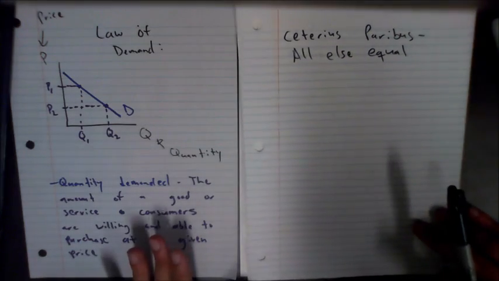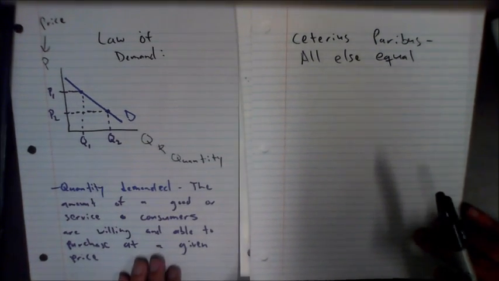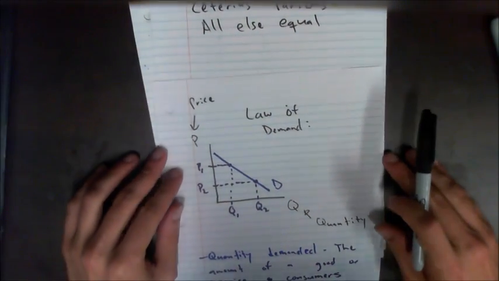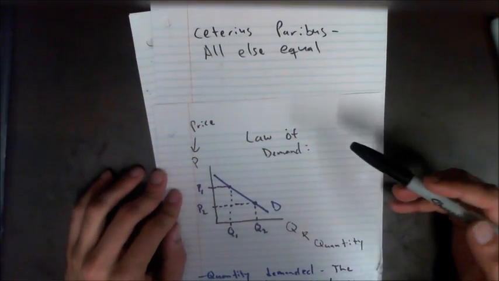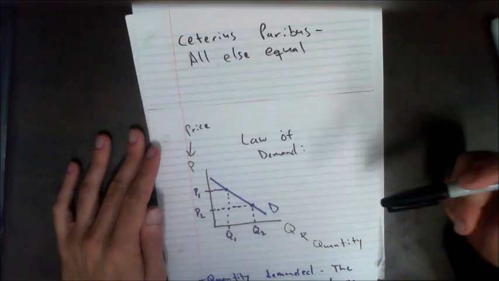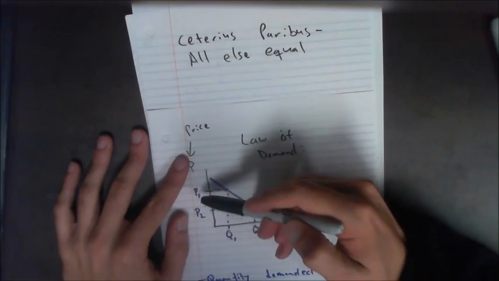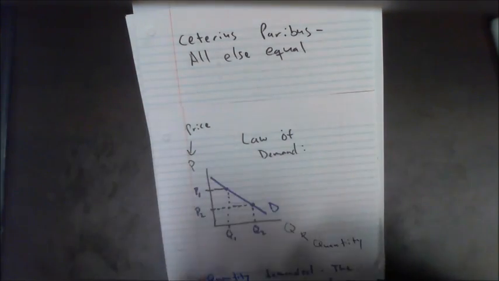Okay, excellent. Now, let's get back to the law of demand for one second. What do we mean by this law of demand? Again, it's very intuitive. Holding all else equal, as my price goes up, my quantity demanded goes down.